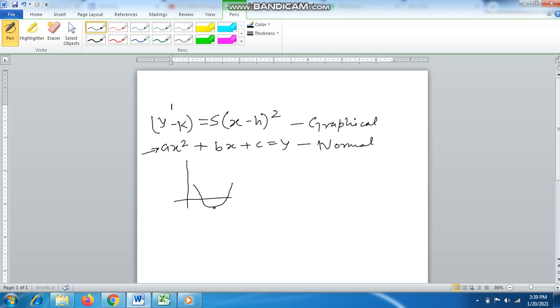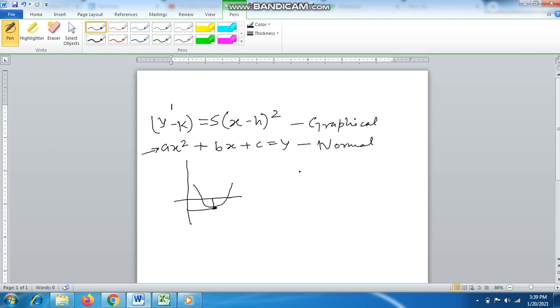The vertex is the lowest point here. So this is my vertex. This will help me understand how the parabola will look and where the possible roots can be. So that's the reason we need the graphical equation and the normal equation here.